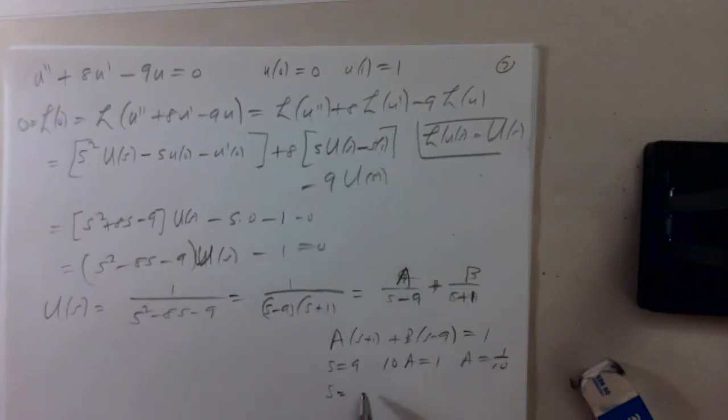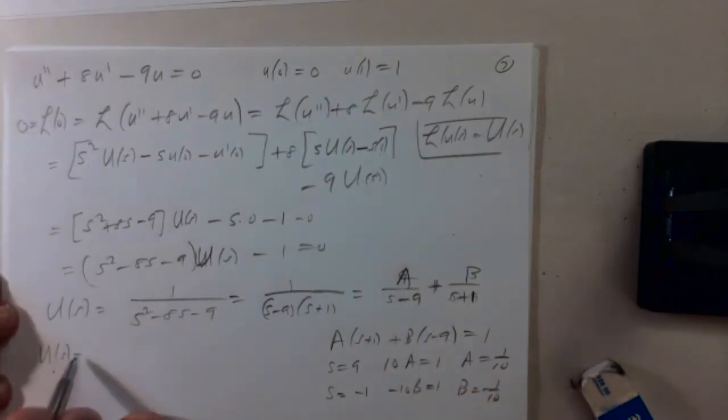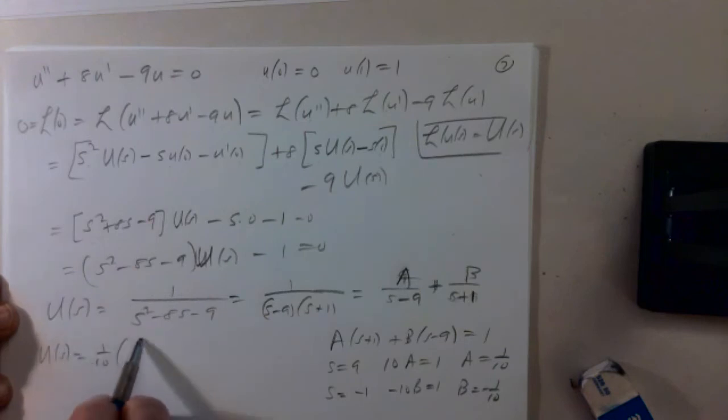When s equals minus 1, I get minus 10b equals 1. So b is minus a tenth. So u of s is equal to 1/10, 1 over s minus 9 minus 1 over s plus 1.